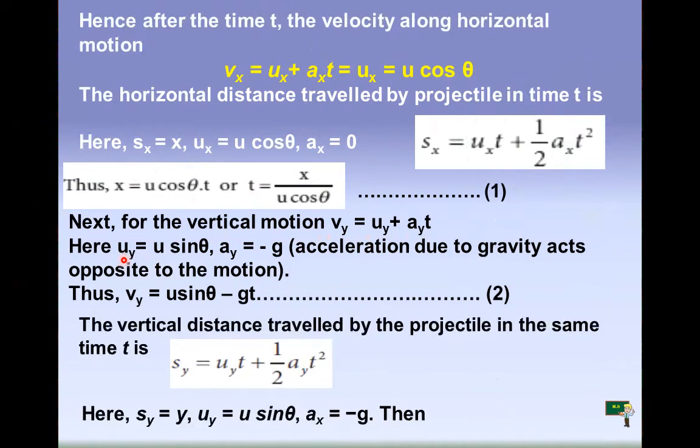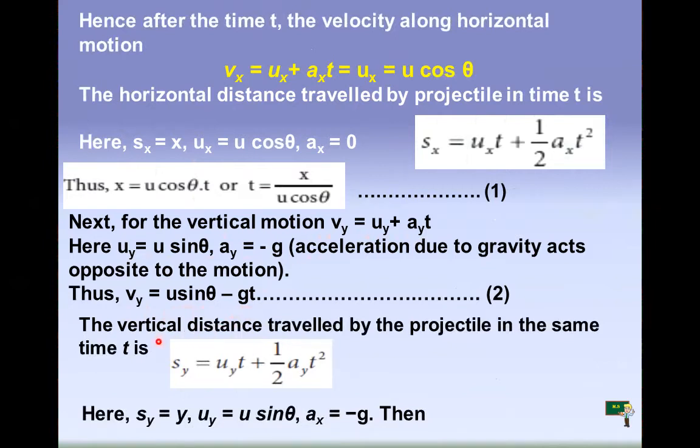We know uy = u sin theta and ay = -g, which I mentioned earlier. Acceleration due to gravity acts opposite to the motion, and substituting these values of uy and ay, we get Vy = u sin theta - gt. This is equation number 2.